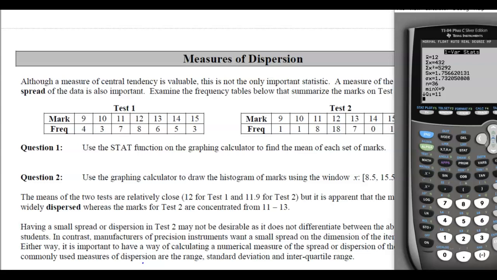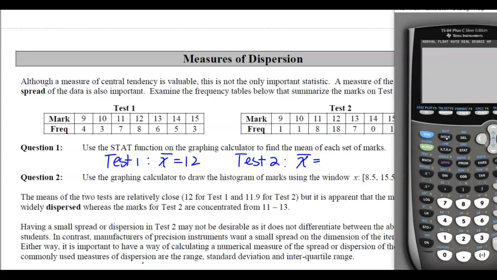So for test 1, the mean equals 12. For test 2, let's get the mean for that. So quit out of that screen, stat again, calc again, one variable stats again.